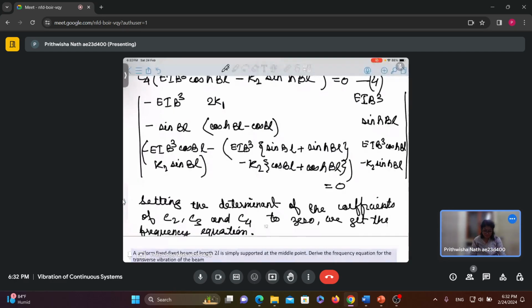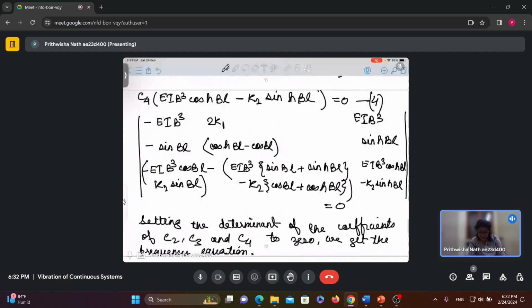So finally, if I solve this determinant, I will get the frequency equation for this system.